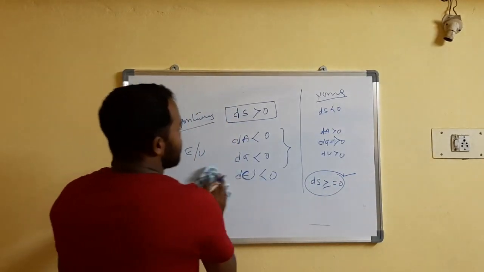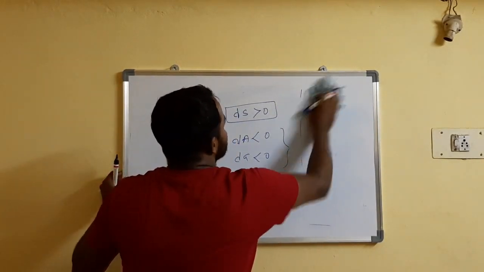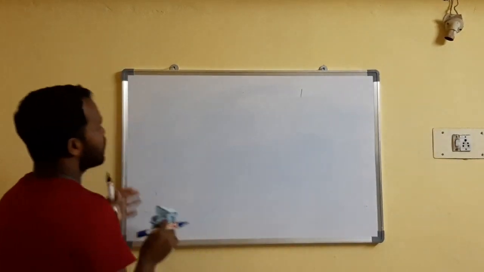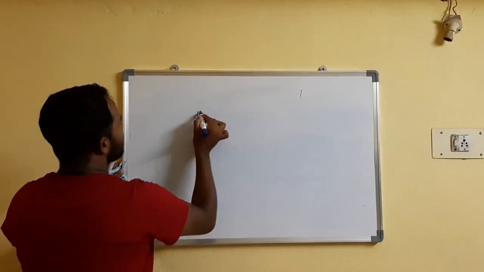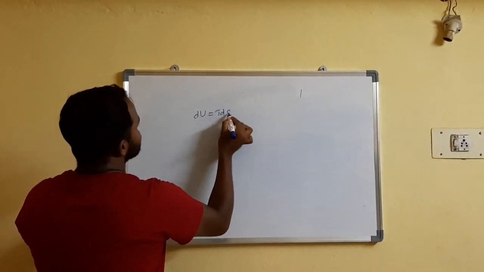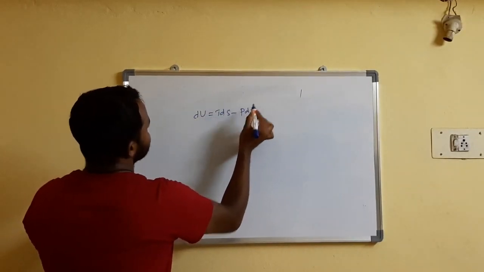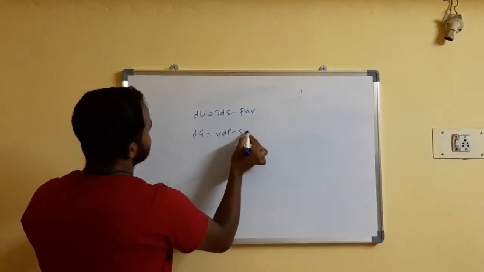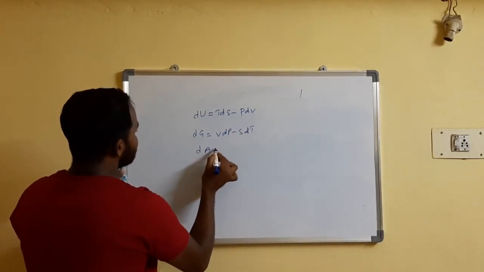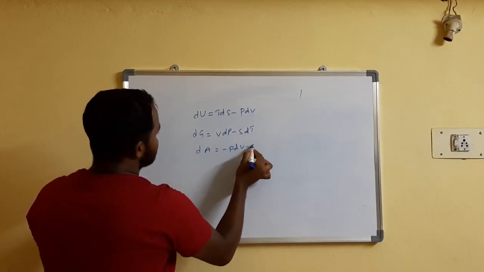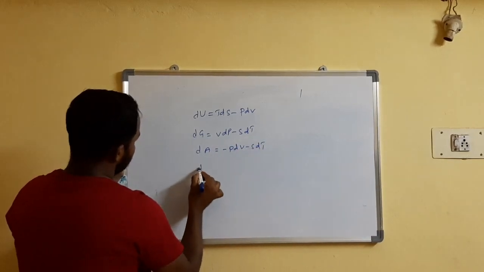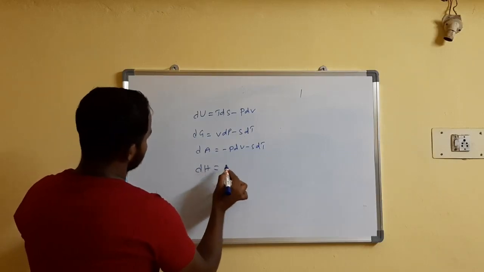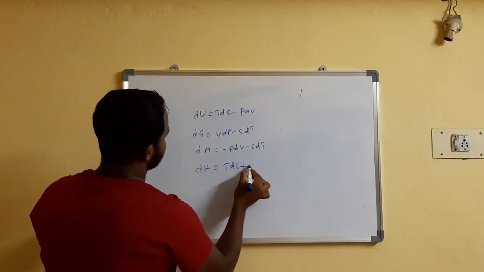So we will write what are the constants for this. In GATE exams they will ask for the constants. What is that? If you write all the equations, dU is equal to TdS minus PdV. dG is equal to VdP minus SdT. dA is minus PdV minus SdT. Then dH is TdS plus VdP, right?